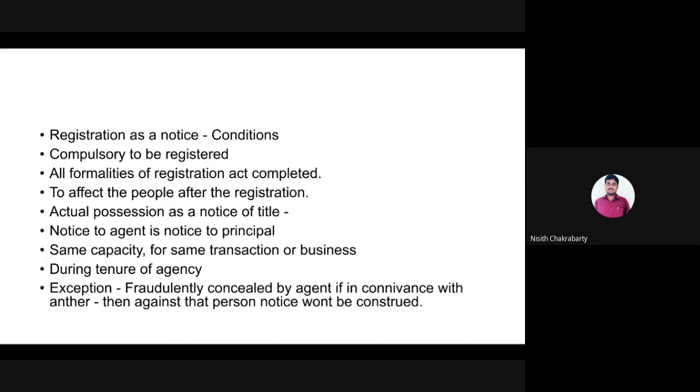But being my agent also, he acted in connivance with the person who is trying to sell it to me, and he hid it from me. In that case, I will not be having a notice of that fact against that person.